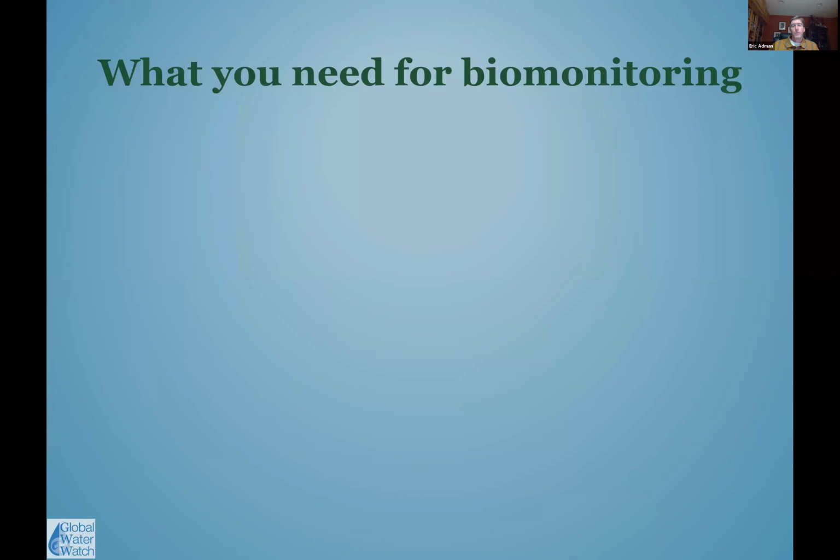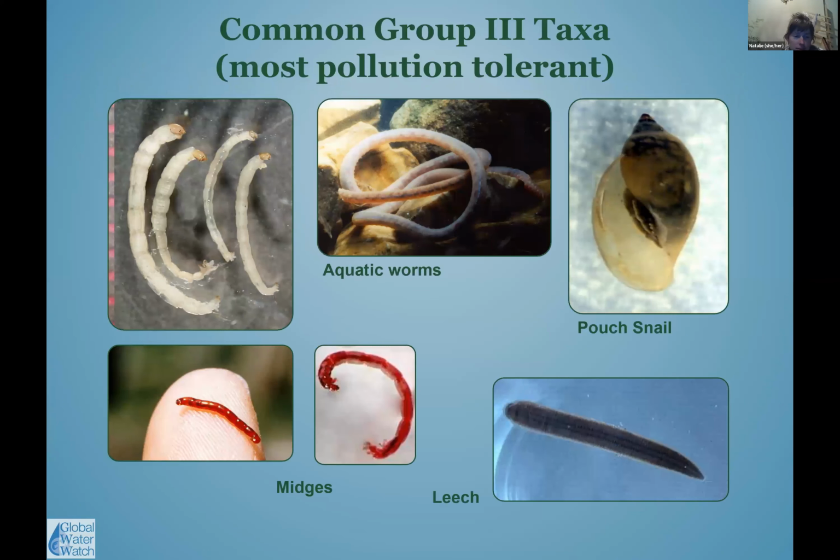So let's talk about what you need for. Can I jump in with a question? Sure. I'm not going to be able to get it down to this fine of detail, but is it known whether any of these are not native macroinvertebrates, or is it even researched enough to understand that? That's a great question. There are some macroinvertebrates that are non-native that are problems, like New Zealand mud snails, for instance.